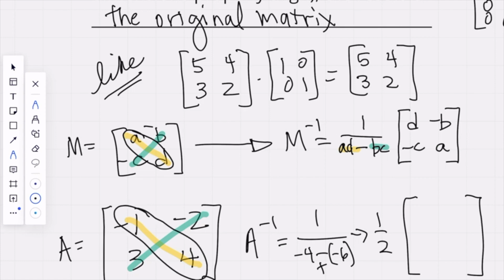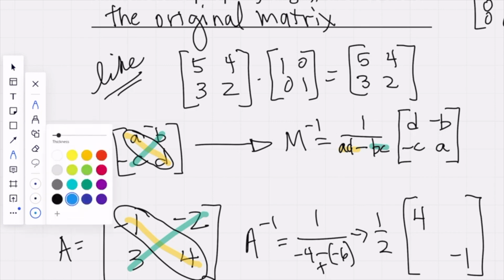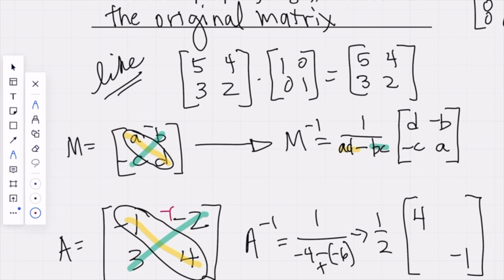We're going to switch those positions. So the -1 goes in the bottom right, the 4 goes in the upper left. And then we're going to change the signs, make these negative, okay? And so this is going to be +2 and -3, okay?